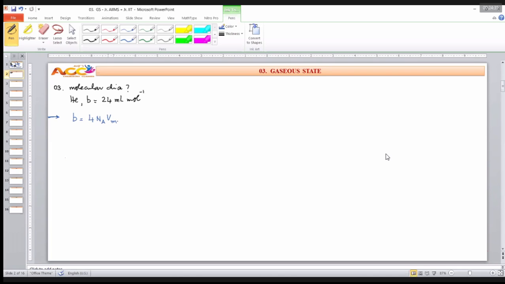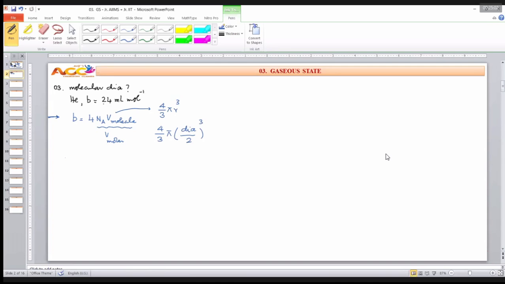This is, for example, one molecule. The volume of one molecule, what is this? 4 by 3 pi r cube. Do you know the value of b?